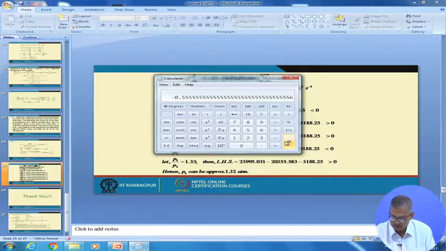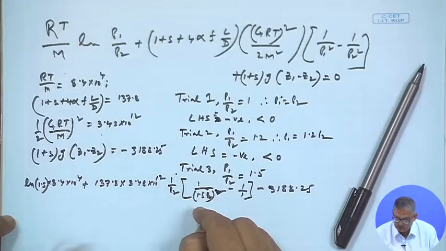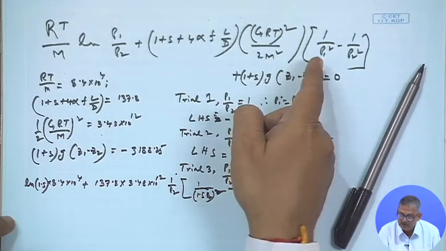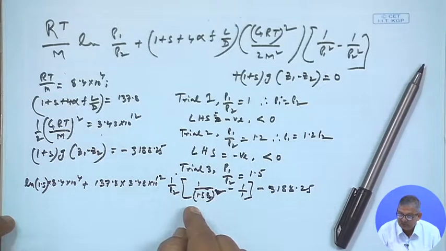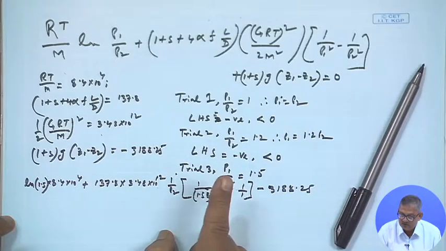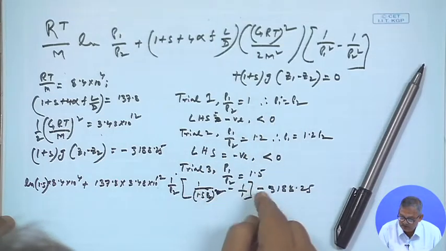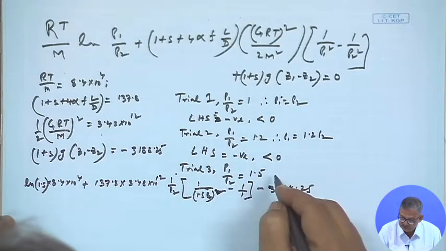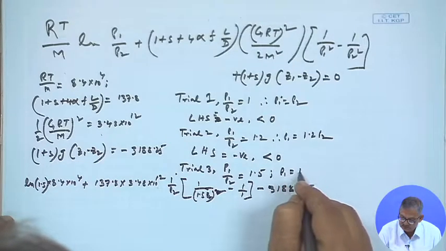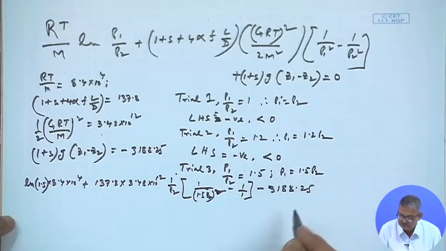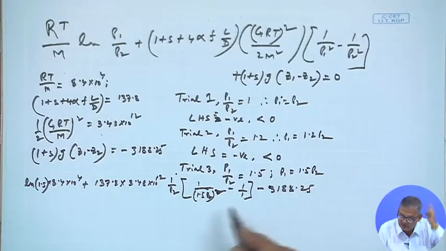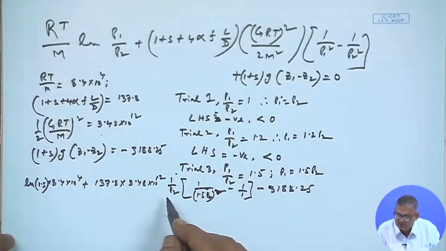Are we doing correct? So, 1 by P2 comes out, right. P1 is 1.5 P2, so if we write 1.5 P2 square, 1 by P2 square goes out.